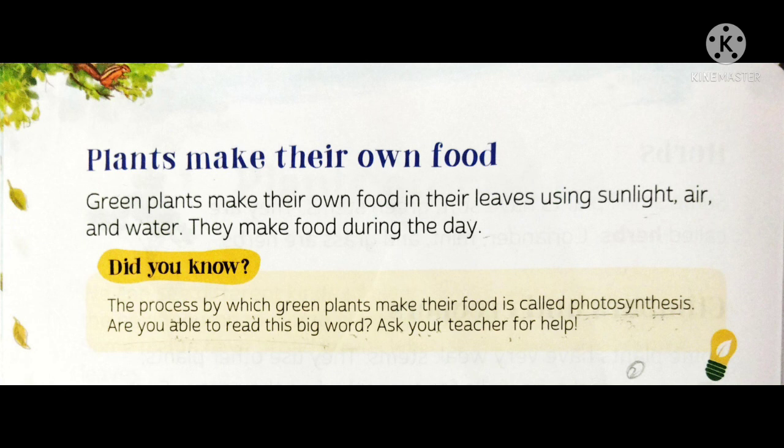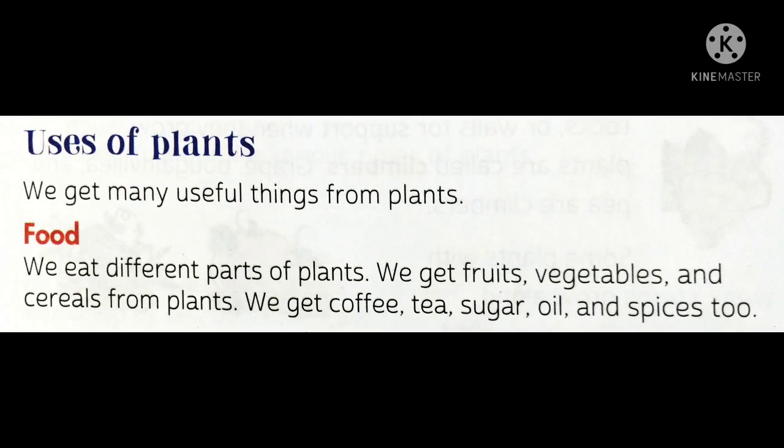Okay. Now let's move to uses of plants. You know very well children, plants are useful to us in many ways. So let us go through. Food. We eat different parts of plants and we get fruits, vegetables and cereals from plants. We get coffee, tea, sugar, oil and spices too from the plants.